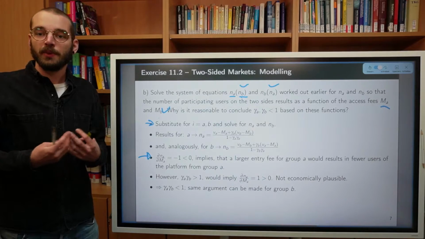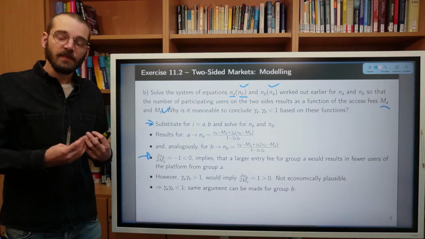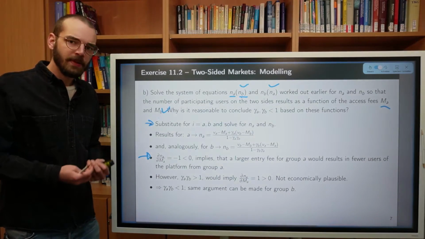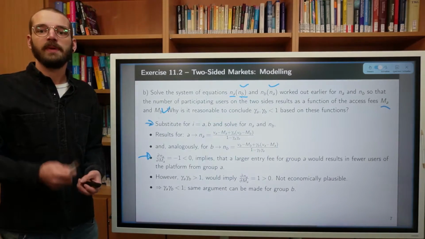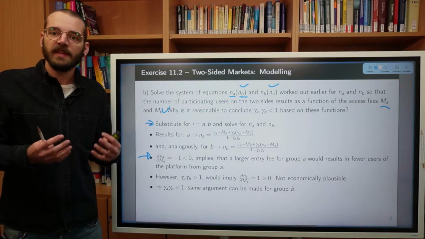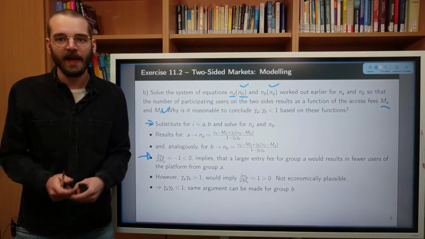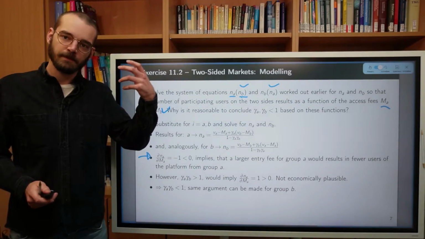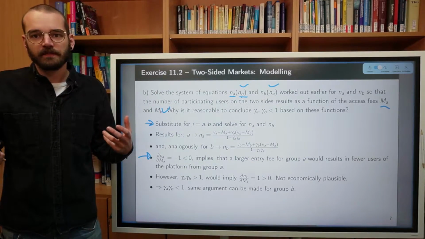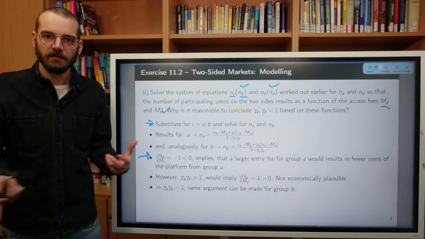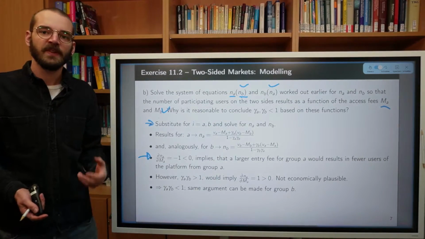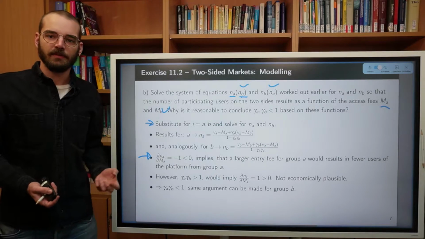And of course, what we as economists would expect is that if the participation fee that members of one group have to pay increases, the participation should decrease, right? Because you have to pay more for it. That is the expected result of the model.